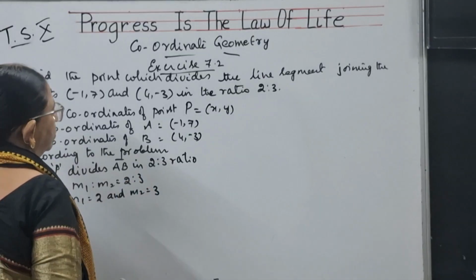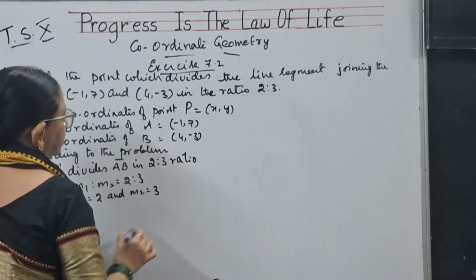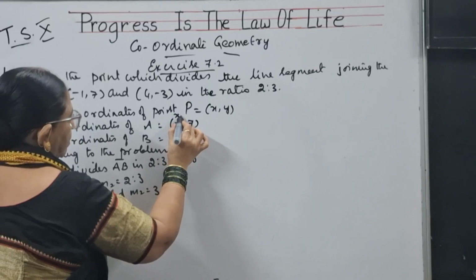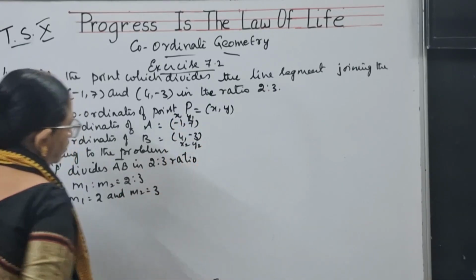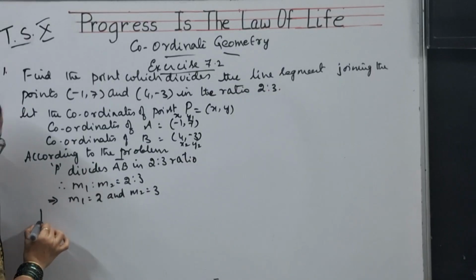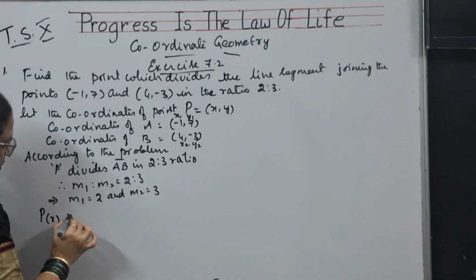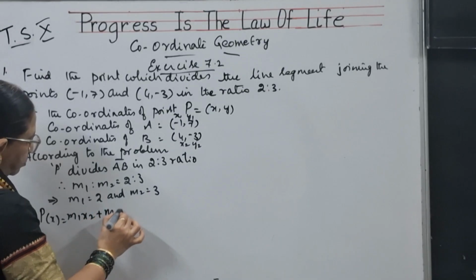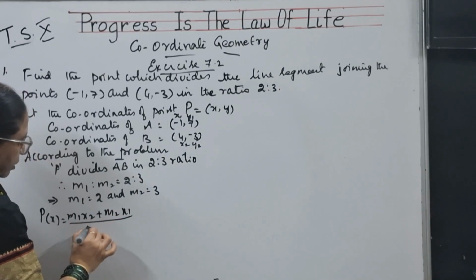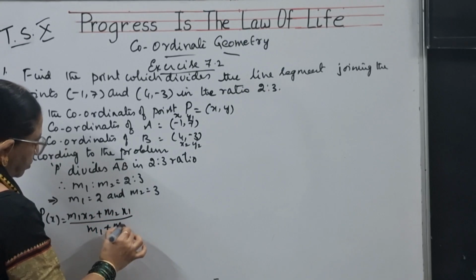Okay. Now, you consider this as x1, y1 and this as x2, y2. So, what is P of x formula? m1 x2 plus m2 x1 by m1 plus m2.